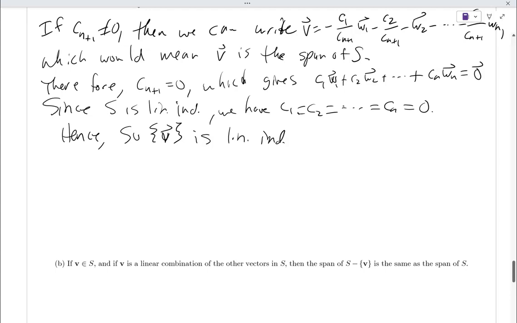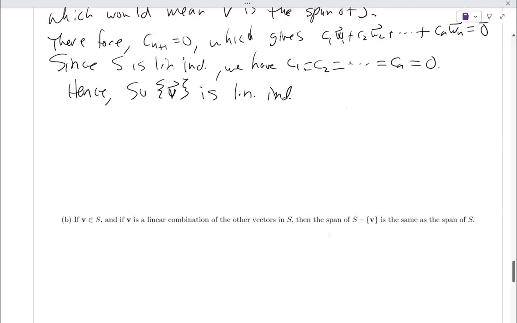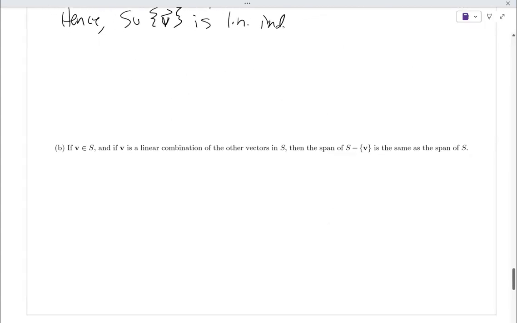So the idea behind that is the following. Again, let's use the W's in there for representing the S. So let's say our S is W1, W2, Wn, and V. Just for notation's sake.